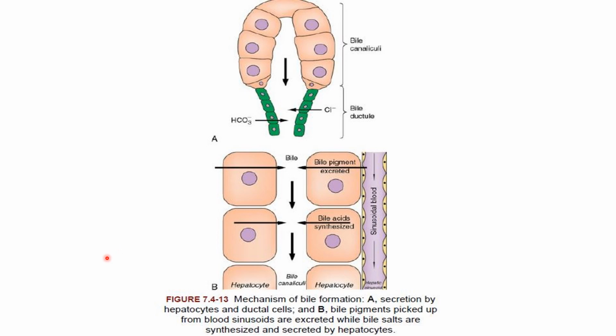So, basically what happens here is that the hepatocytes, whose one side is in contact with the blood sinusoids and the other side with the biliary canaliculi, pick up some of the constituents of bile, like bile pigments, from the blood and then synthesize some of the constituents, like bile salts, inside the hepatocyte, and ultimately they secrete this mixture into the biliary canaliculi.